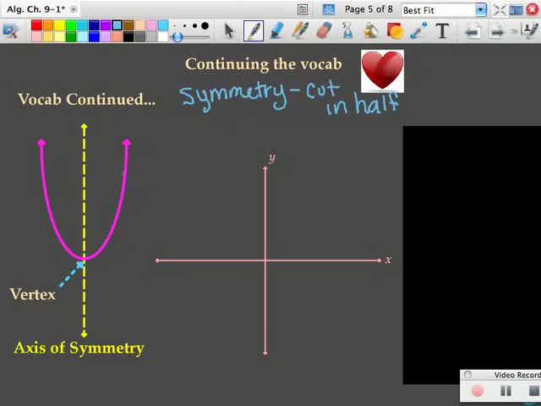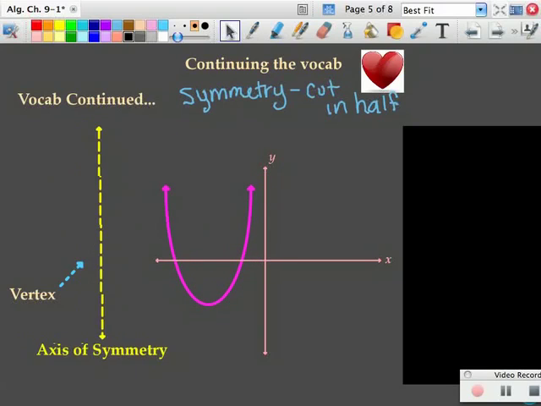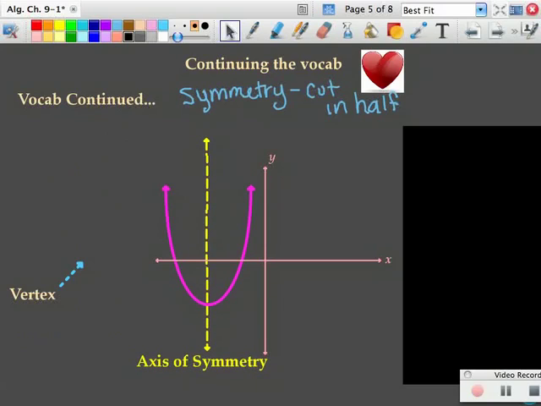So what you will always notice is that the vertex and the axis of symmetry are always in that same spot. So if I pulled this over here, and let's say I shifted it right here, well, the axis of symmetry would be here, which would mean our vertex would also be in that general area, which would be right there. See, it's not so bad. Eventually we'll learn how to find those, but for now, just know what it is.